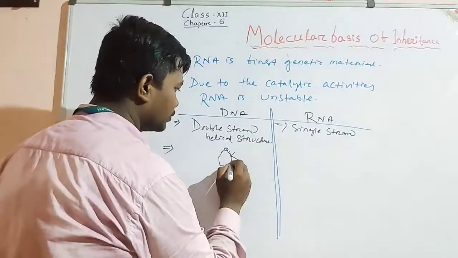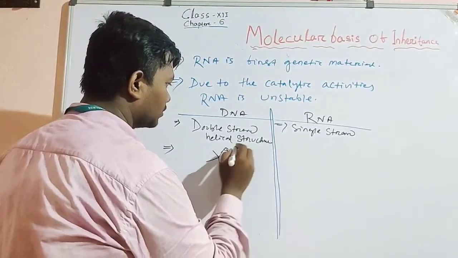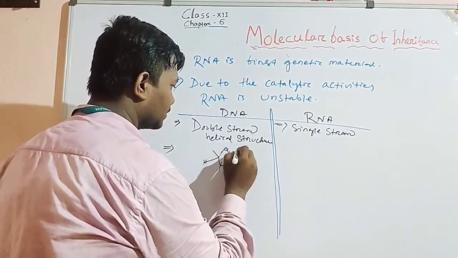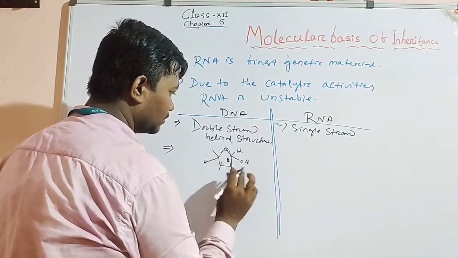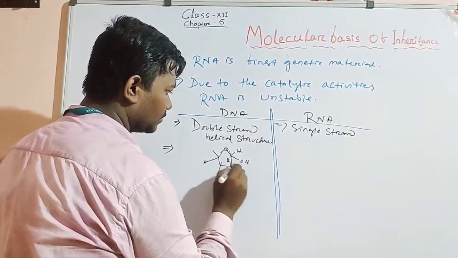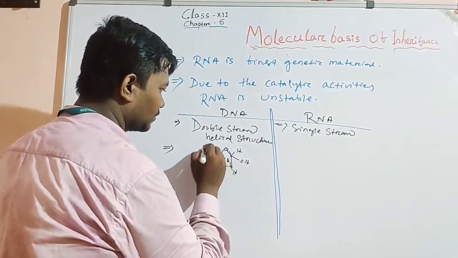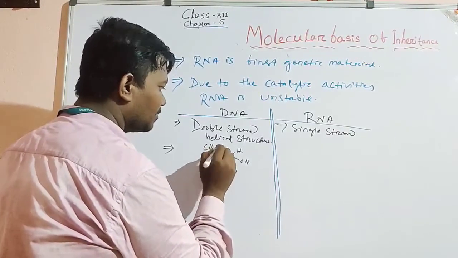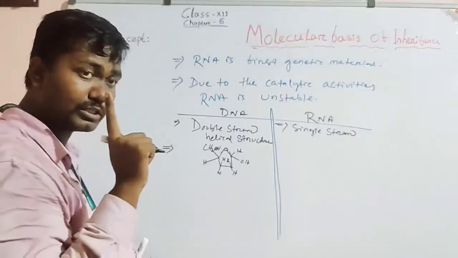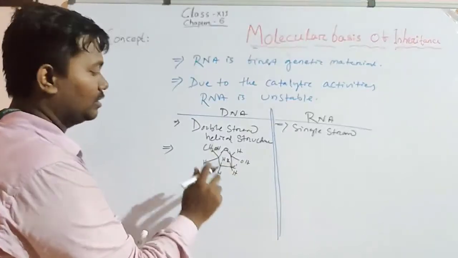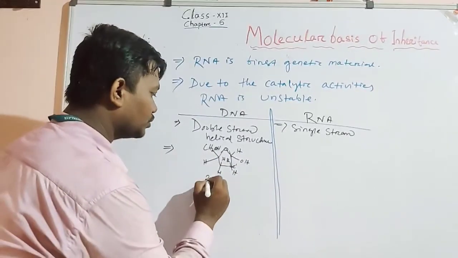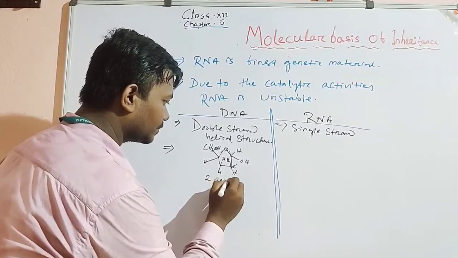Here is your deoxyribose. Remember, one hydroxyl group is removed from the 2' position of the sugar, so it is called 2-deoxyribose.